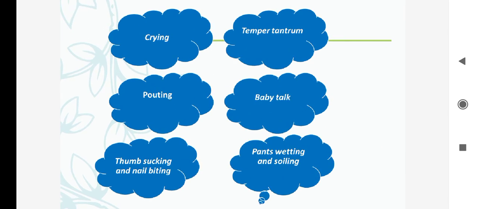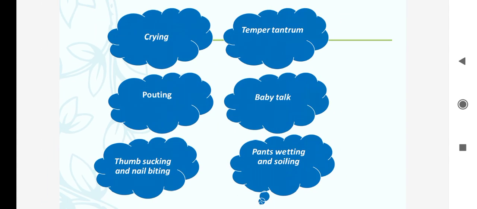Crying, children pouting or sulking, thumb sucking and nail biting, and then showing their tantrum or temper, and then baby talk, pants wetting and soiling. So these are the emotional expressions of children at the age of preschool.